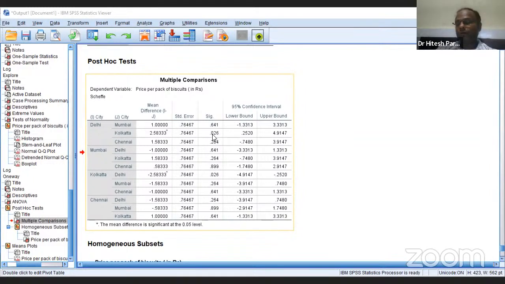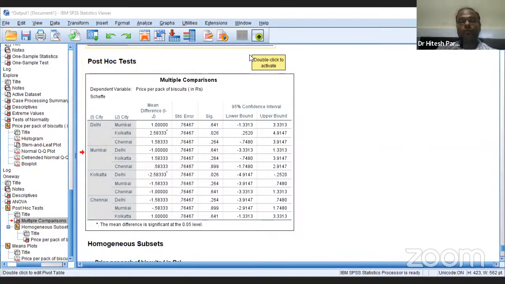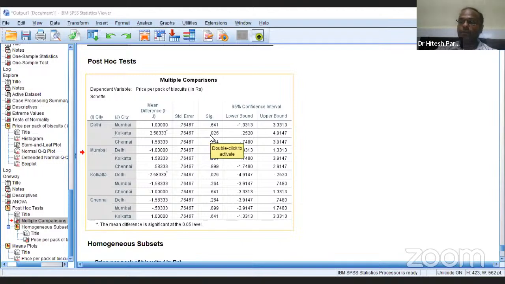Is it clear? You need to just check for a value which is less than 0.05 and see which pairs have a significant difference. So 0.026 is less than 0.05. So yes, Kolkata and Delhi.